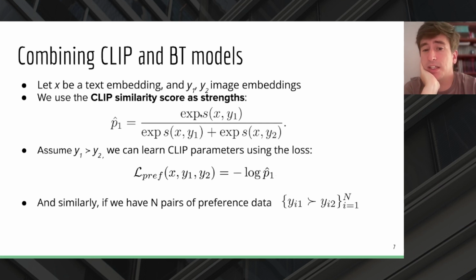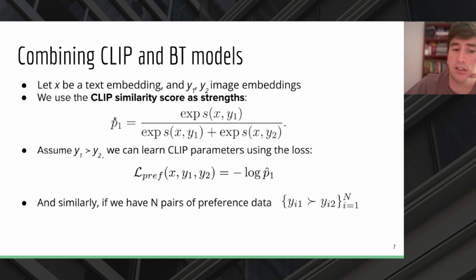We are going to take as the score, as the strength, the similarity score given by the contrastive model, which, remember, is just the dot product between the image and its caption. So we just take the similarity score as the strength and plug it into the Bradley-Terry equation. So this would be P1, the probability of picking one over the other image.